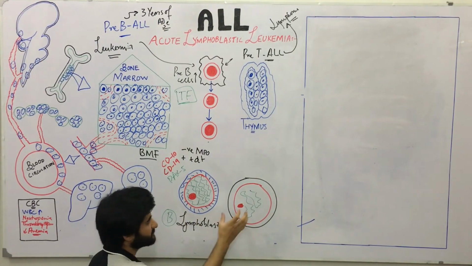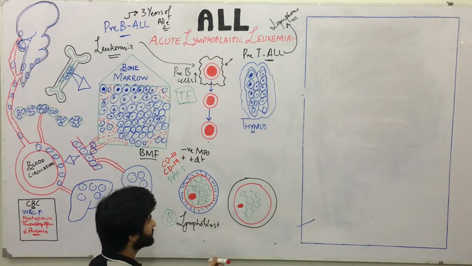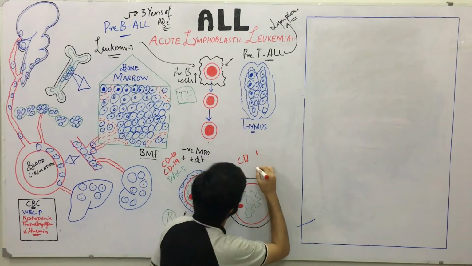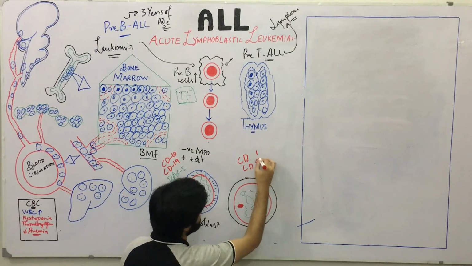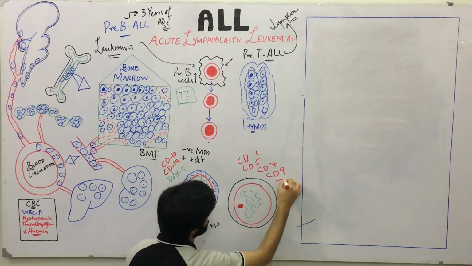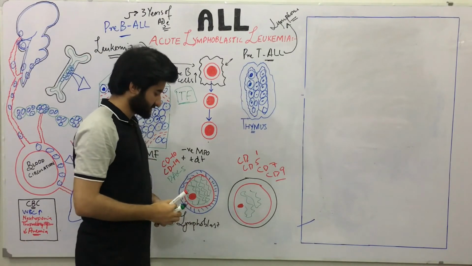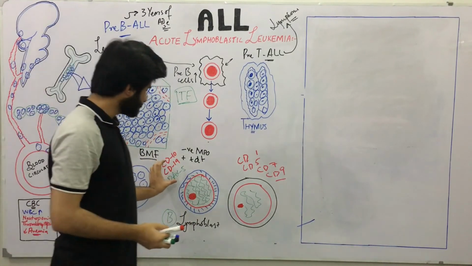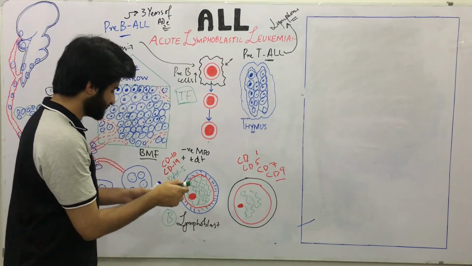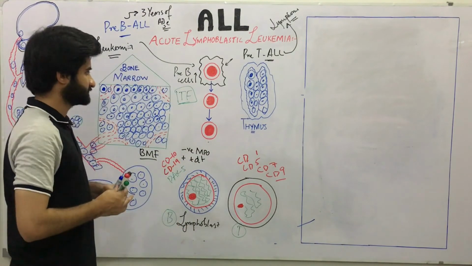Whereas the precursor T cell lymphoblast, or pre-T lymphoblast, will have CD1, CD5, CD7 and CD9, the precursor T cell markers. So we can differentiate them on the basis of immunohistochemistry, and this is a precursor T lymphoblast.